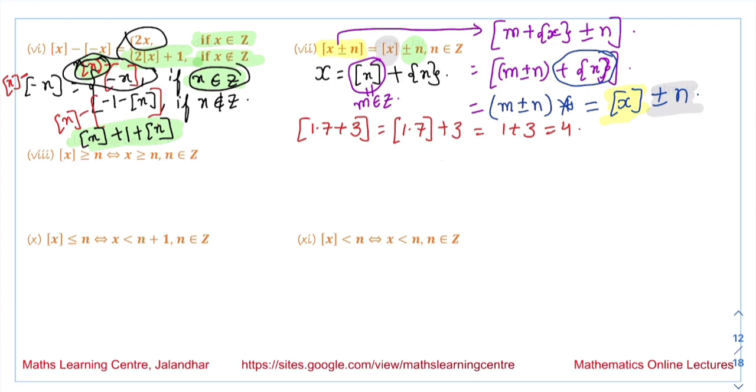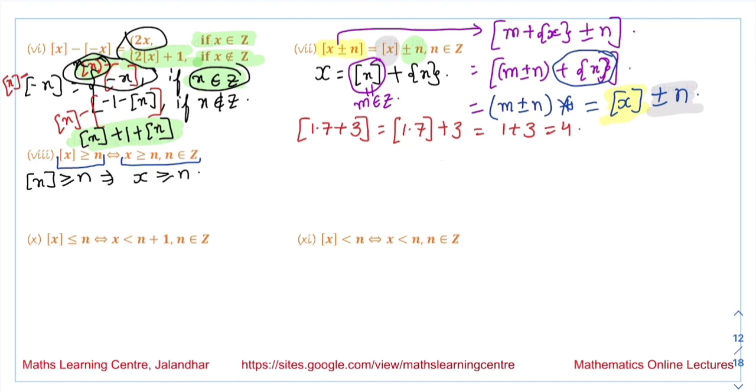Next we have, if greatest integer of x is greater than or equal to n, this implies and is implied by x is greater than or equal to n. So we are talking about two cases here: if the greatest integer of a function is greater than or equal to n, then x is greater than or equal to n.